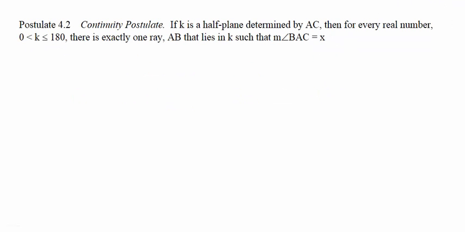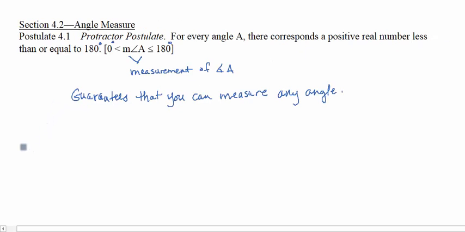Okay, next postulate. Before we do the next postulate, let me back up. Let me give you a definition that's not on your notes, but you can write it in.